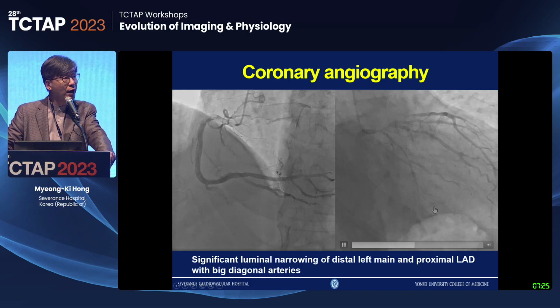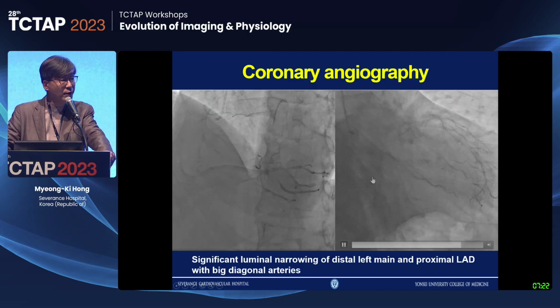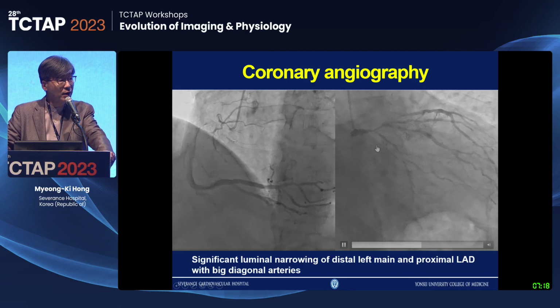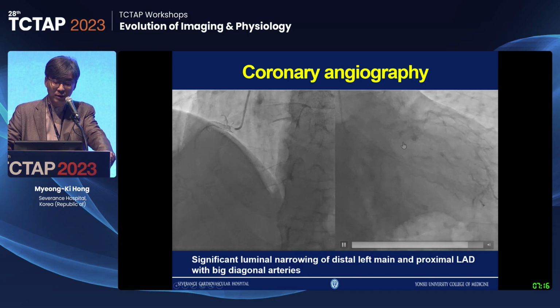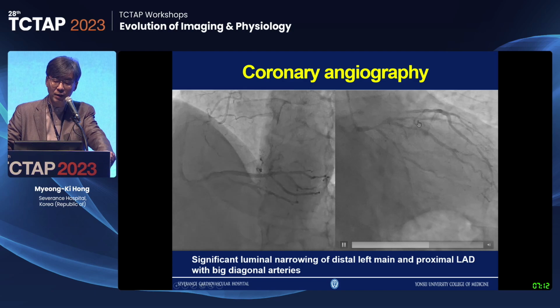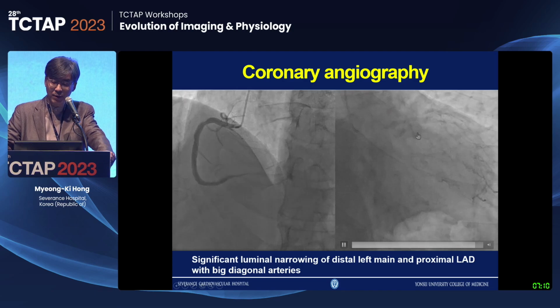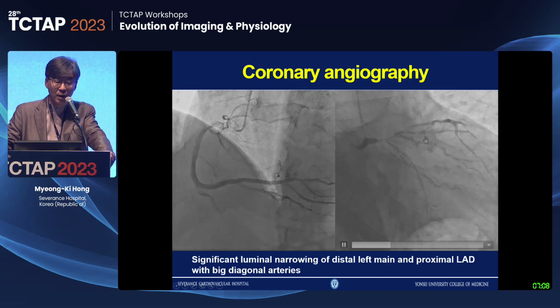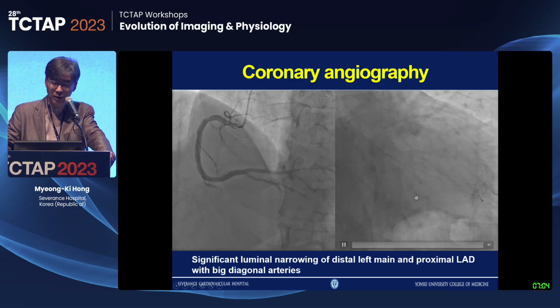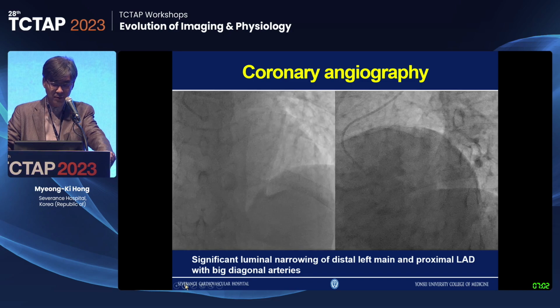In the left coronary angiogram, the disease begins from the left main bifurcation and extends almost to the mid LAD, with involvement of big side branch vessels: the first diagonal, the second diagonal, and the circumflex.